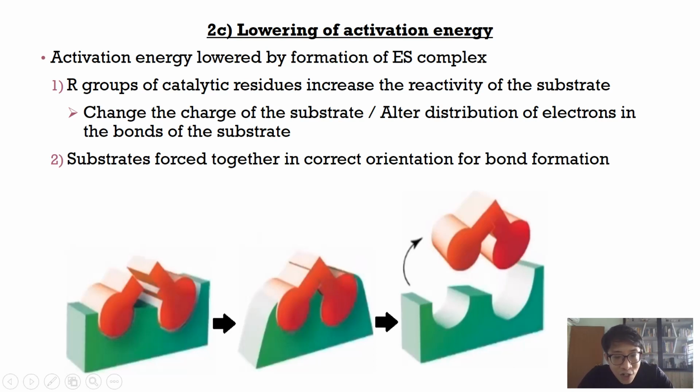You see that the shape has changed a little, and the two substrates are brought close together in such an orientation that where the bond is supposed to be formed, the parts of the substrates are facing each other. And that facilitates the formation of the bond at the correct parts of the substrate. And this forcing together of the substrates occurs because of the conformation change, as explained by the induced fit hypothesis.